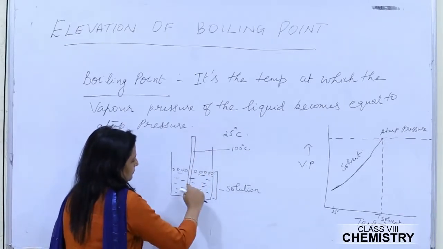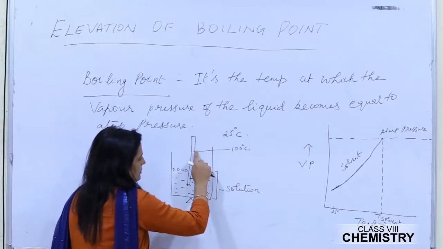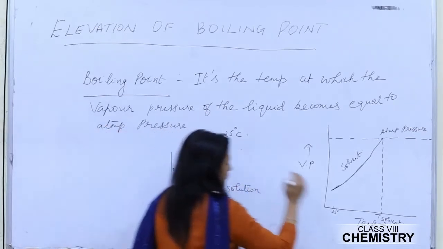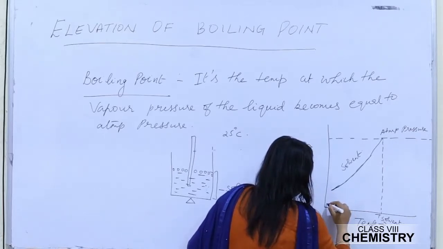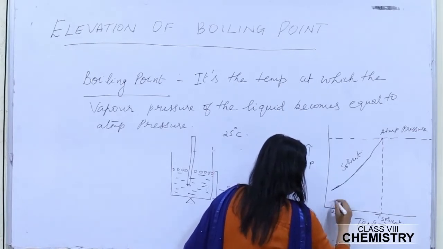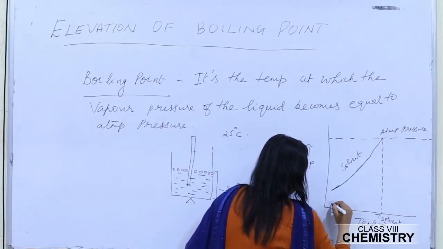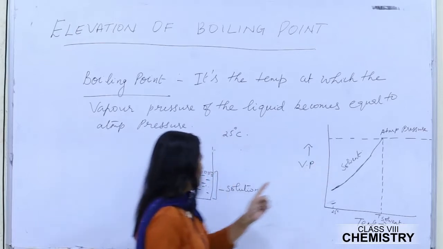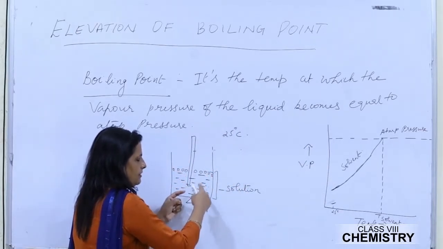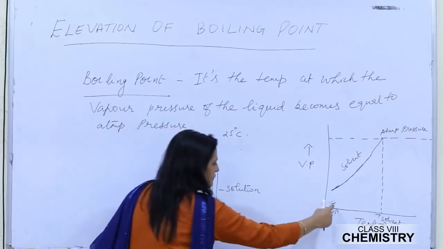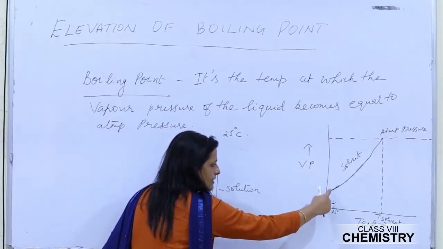The initial vapor pressure we are noting when it is at 25 degrees C, and what you observe is it's slightly less than that of the pure solvent. That is, when you add non-volatile solute to the solvent, at 25 degrees C the vapor pressure of the solution is slightly less than that of the solvent.